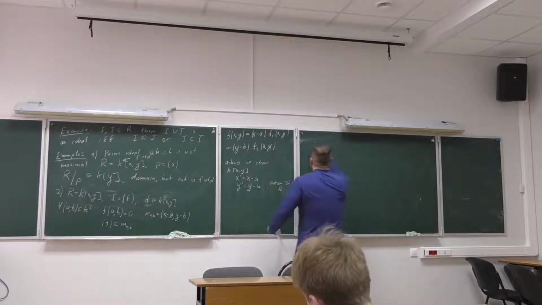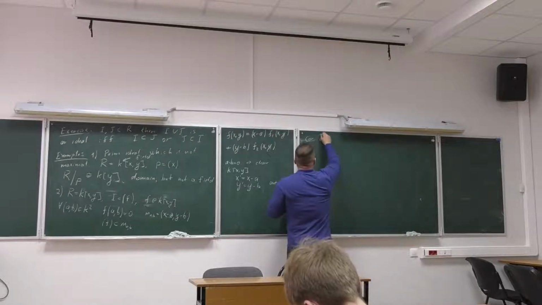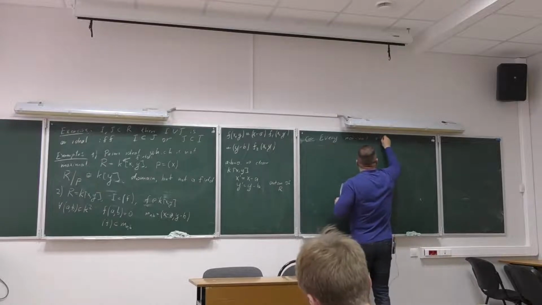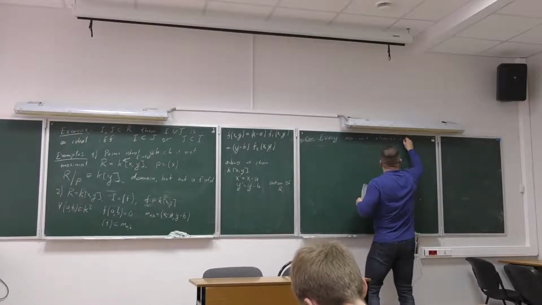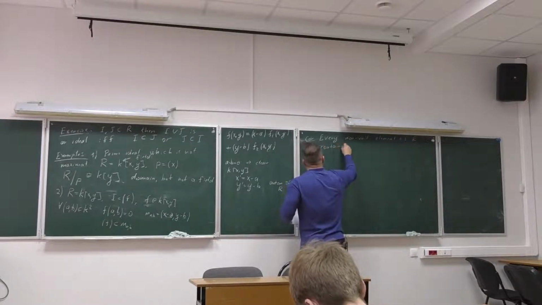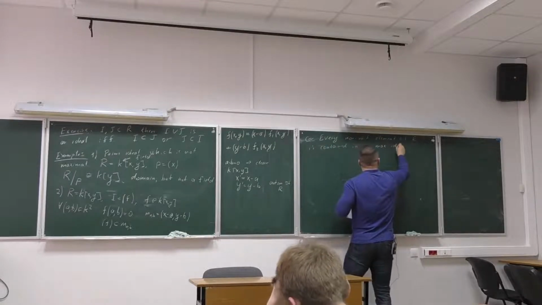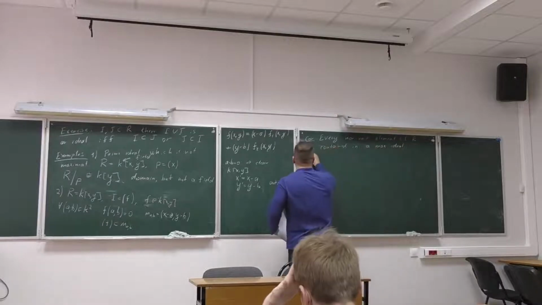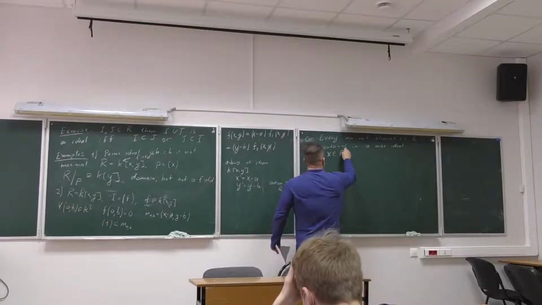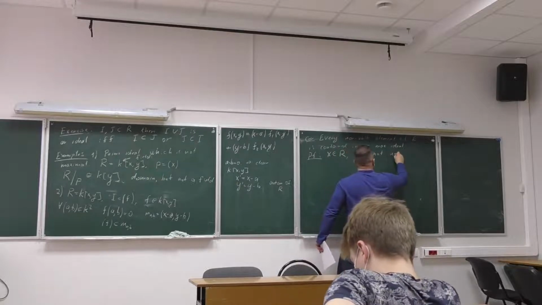So these were examples. Now we can also observe that the following is true. Every non-unit element of R is contained in the maximal ideal. Well, the proof is just one line. You take this x in R, x is not a unit.